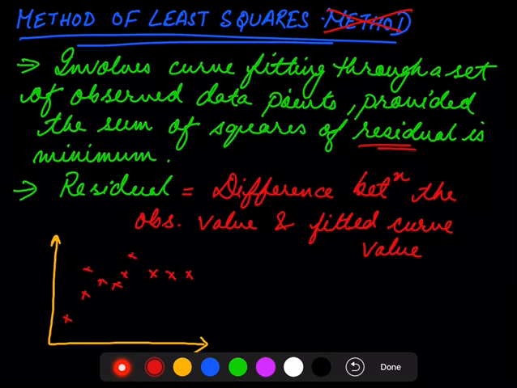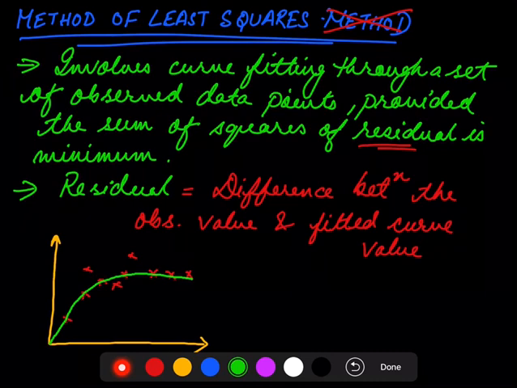Now a graph is fitted, let's say covering the maximum number of points. Now you see there are some points which are not lying on the graph.